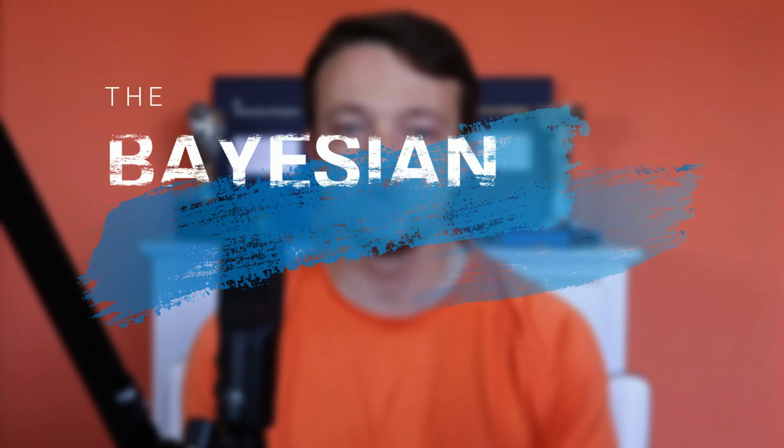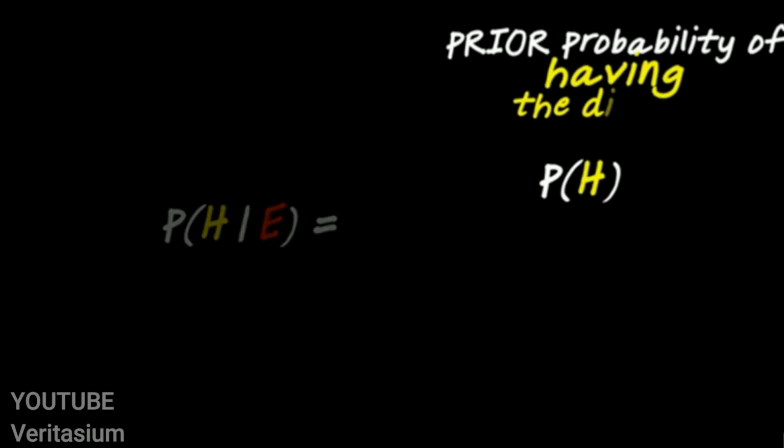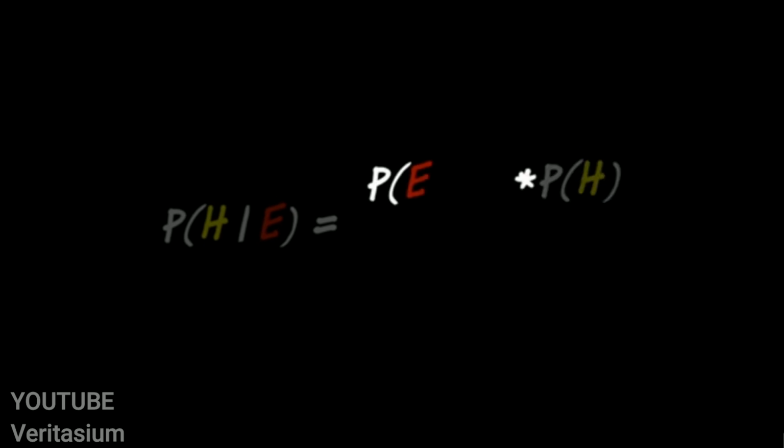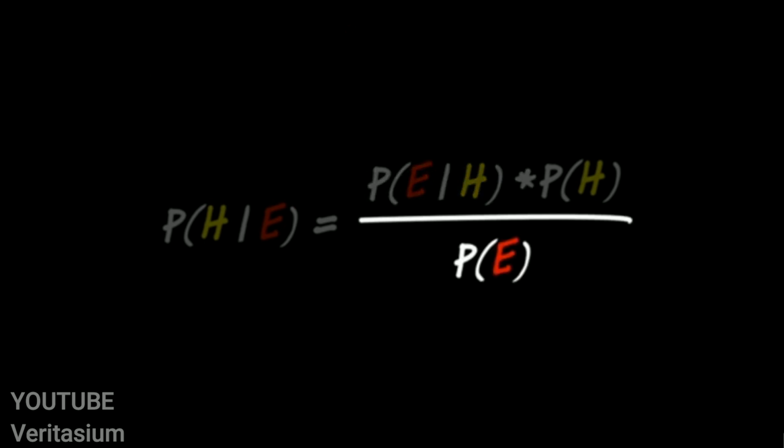This brings us to the Bayesian brain hypothesis, where essentially we use prior beliefs, or experiences, to update the probability of something happening. The idea is that we use predictive processing after perception to update the likelihood of an action.